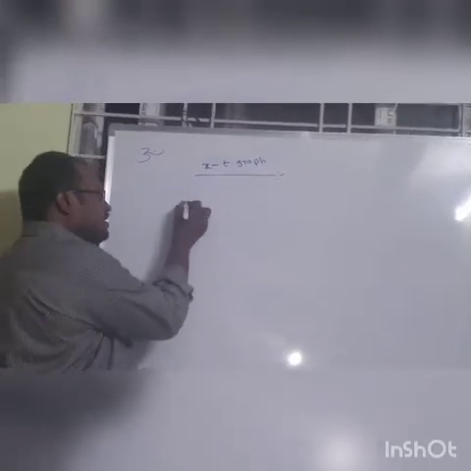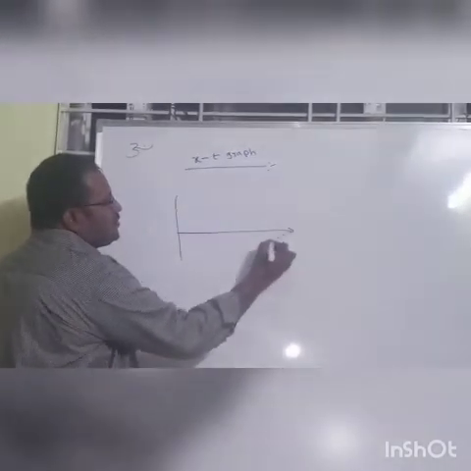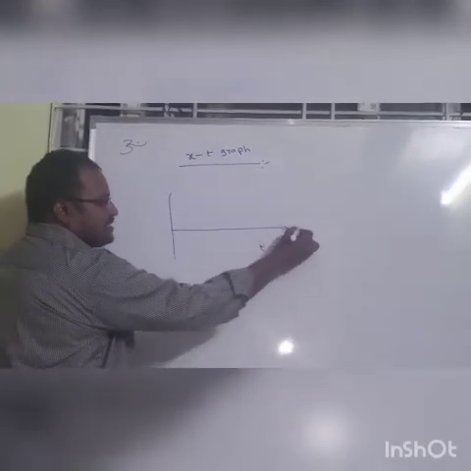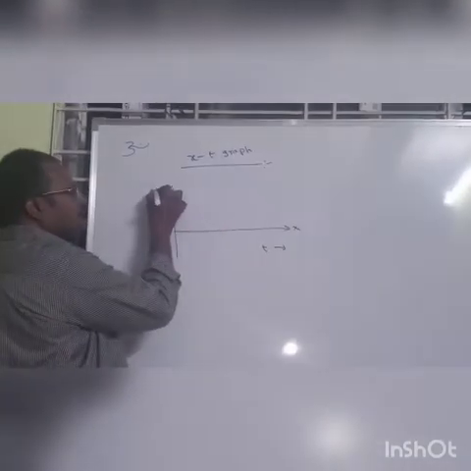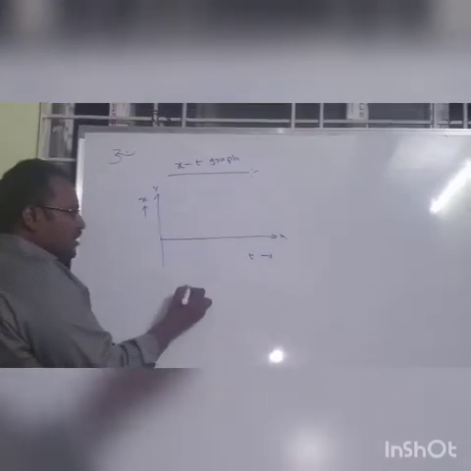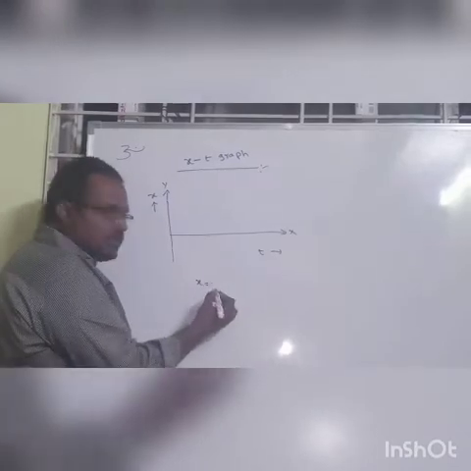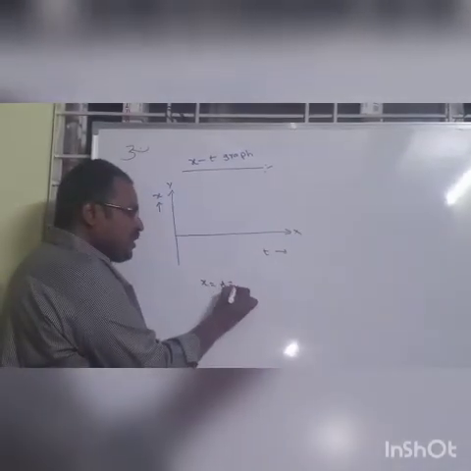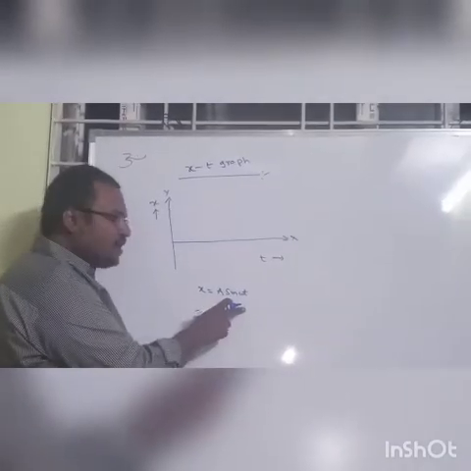In a displacement time graph, we take time along the x-axis and the displacement along the y-axis. Generally we know that the displacement of a particle in simple harmonic motion is given by x equal to a sin omega t.